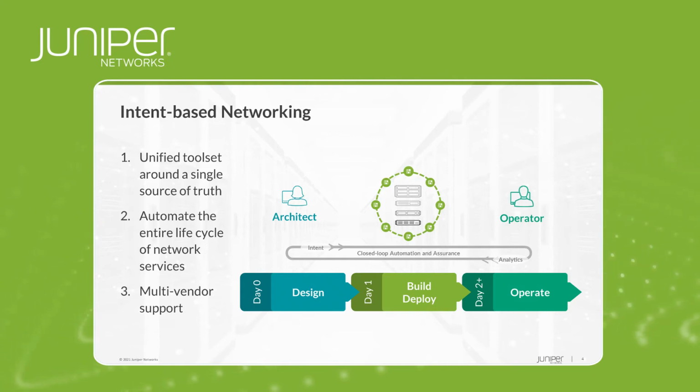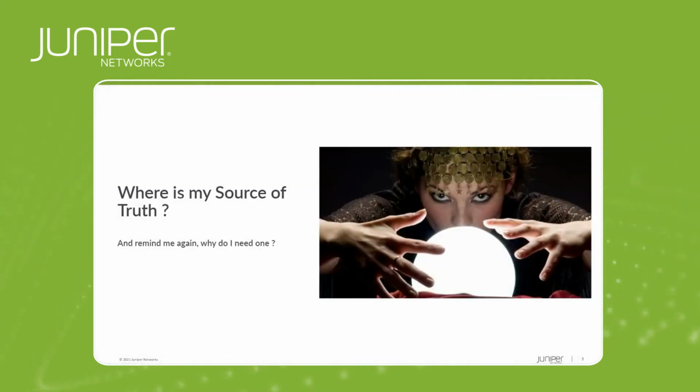One of the major challenges when you build a network automation solution is to have a reliable source of truth. The source of truth is really the way you express your desired outcome, and you need to have something that is really adapted to the network domain that you are tackling, in our case data center fabrics.